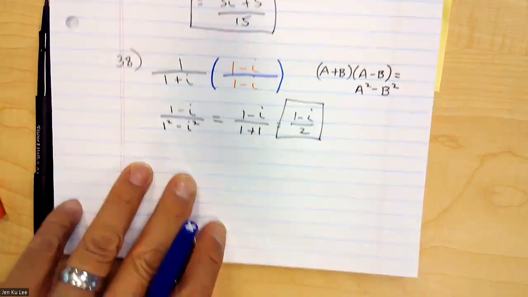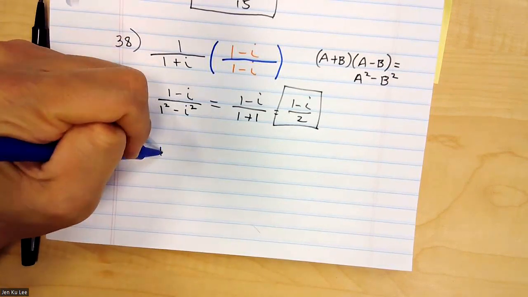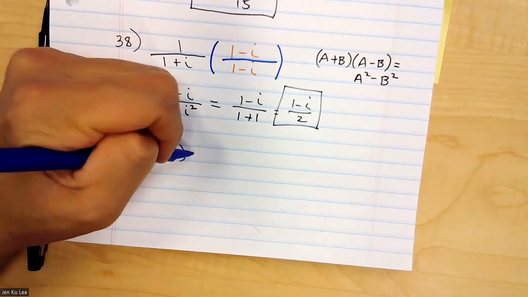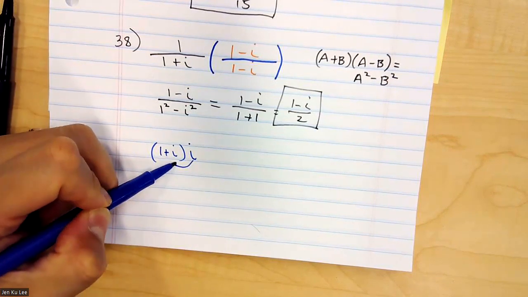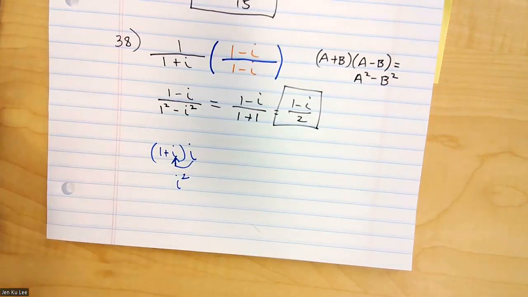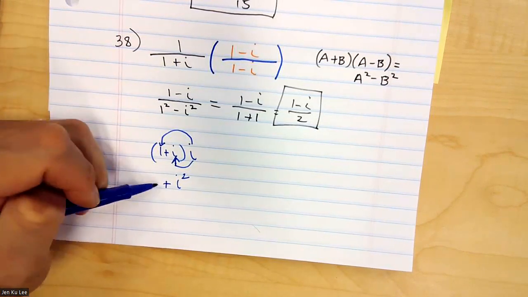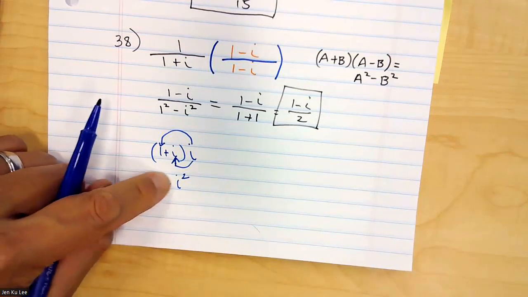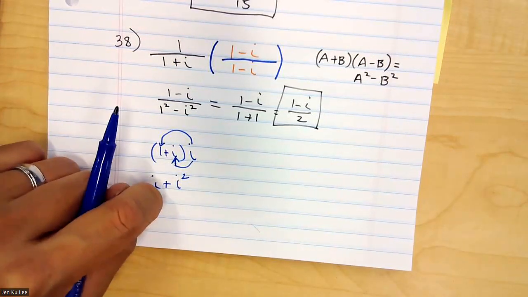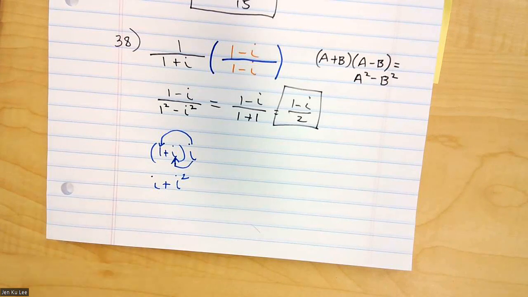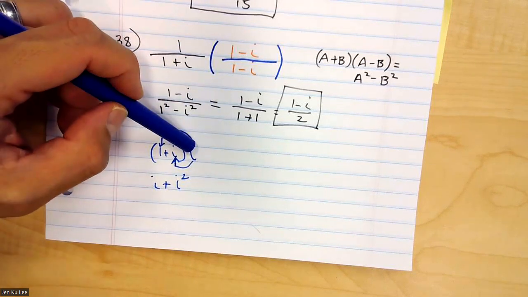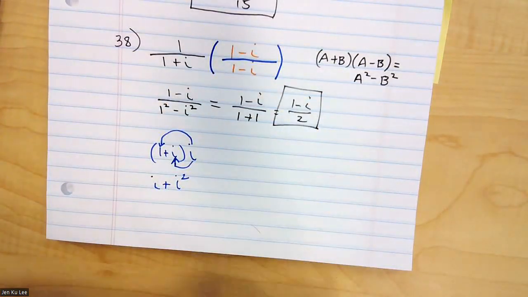Meaning if I multiplied 1 plus i by i, it would get rid of this one because that would just be i squared. But in turn, it would create another one plus i. Does that make sense? You just move the i to the other term. You have to be multiplying by its conjugate to really get everything cleared.